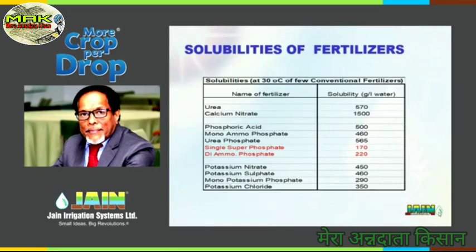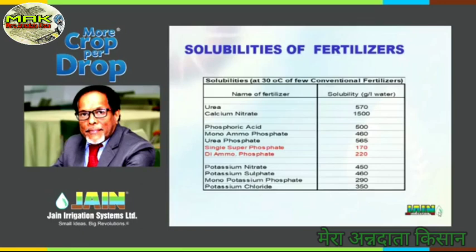That is why in our fertigation recommendation, when we work with farmers, we say the reverse: take 1 kg urea and add 2 liter water, and you get a 100% dissolved solution. Calcium nitrate is very highly soluble, 1,500 grams per liter.